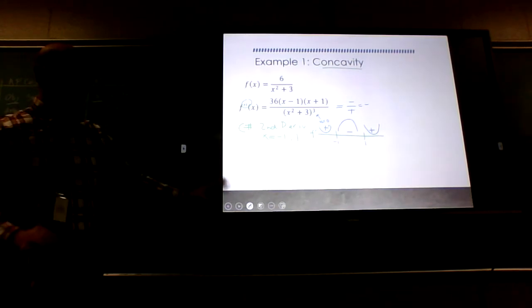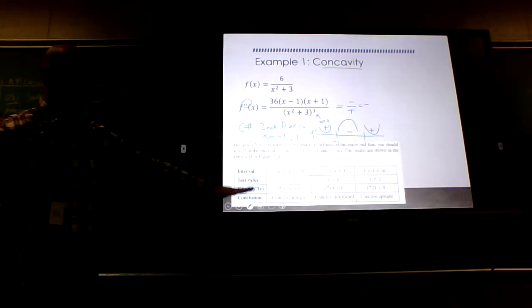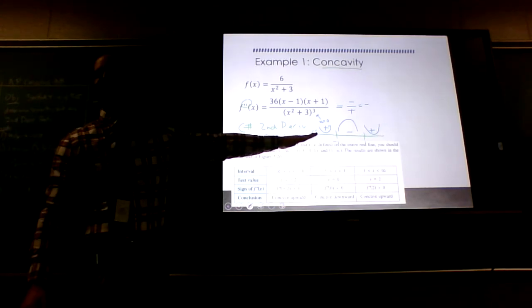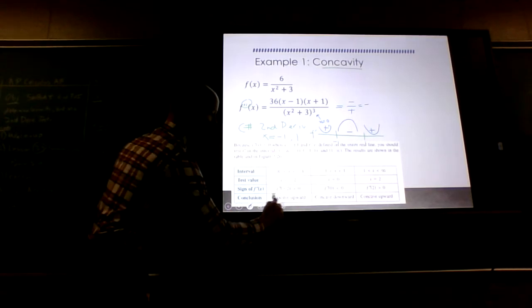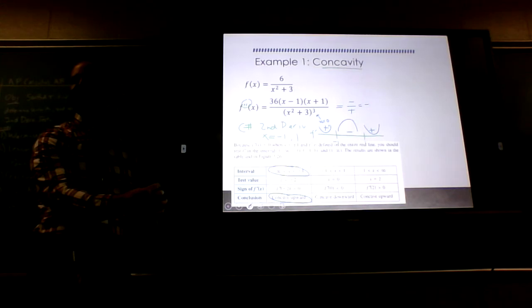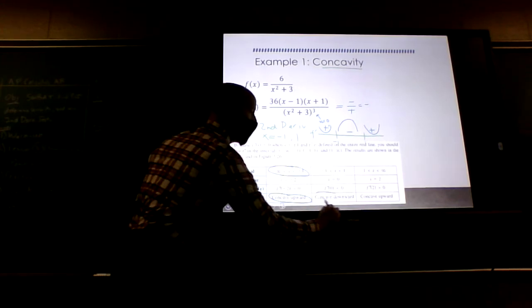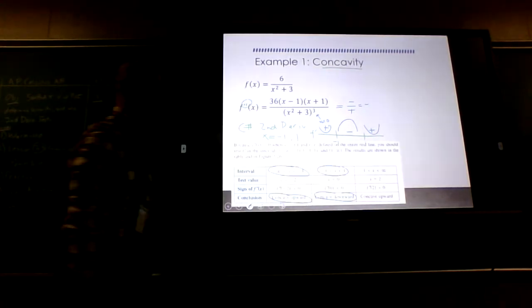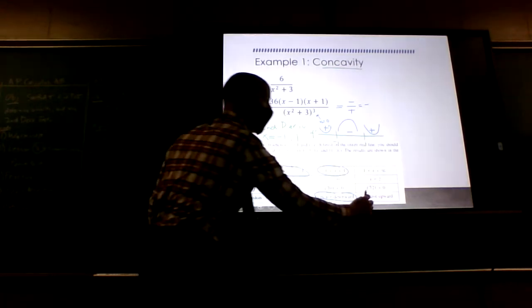So when we put all of this together, you get some sort of chart like this. If you want to do a more detailed chart, you can, or you can just do like I did. It turns out that it's going to be concave up here, which is negative infinity to negative 1. It's going to be concave down here, negative 1 to 1. And it's going to be concave up there as well.